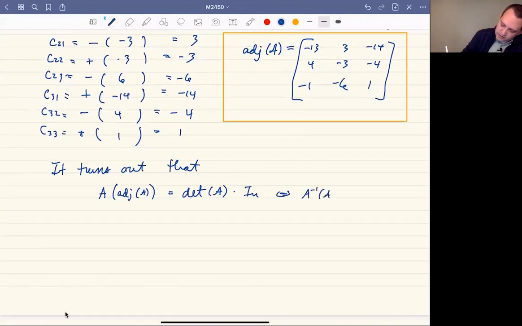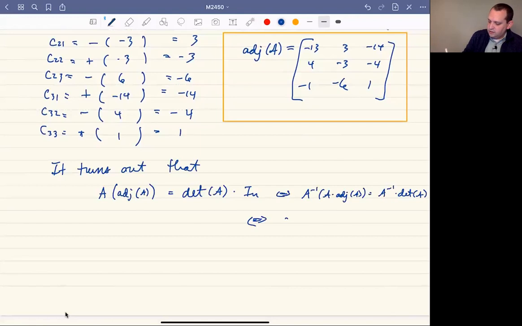So A inverse times A times the classical adjoint of A is equal to A inverse times the determinant of A, and then multiplying by the identity keeps it that way. And then this gets rid of the A inverse on the left.